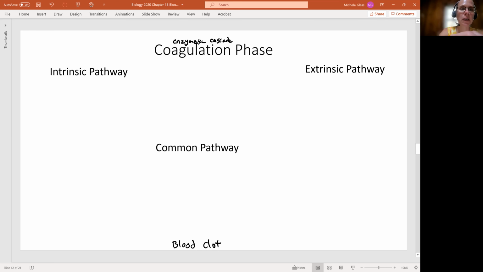And so let's begin. You have these 2 different pathways, and you can see that they both lead to what we refer to as the common pathway. Now, in the case of your intrinsic pathway, this is initiated by internal damage to your vessel wall.